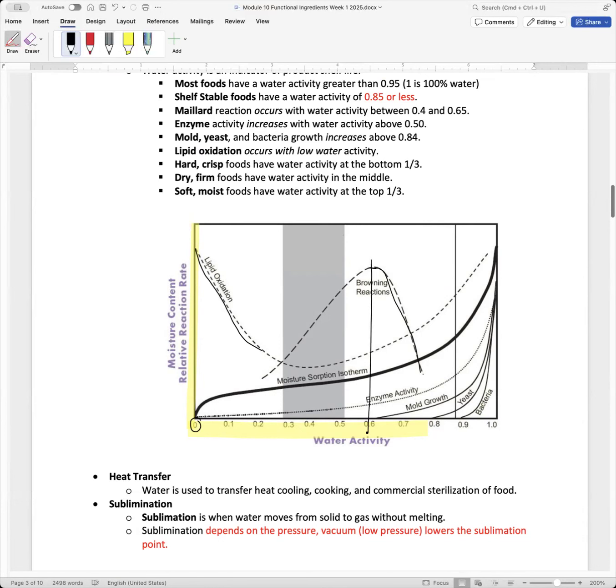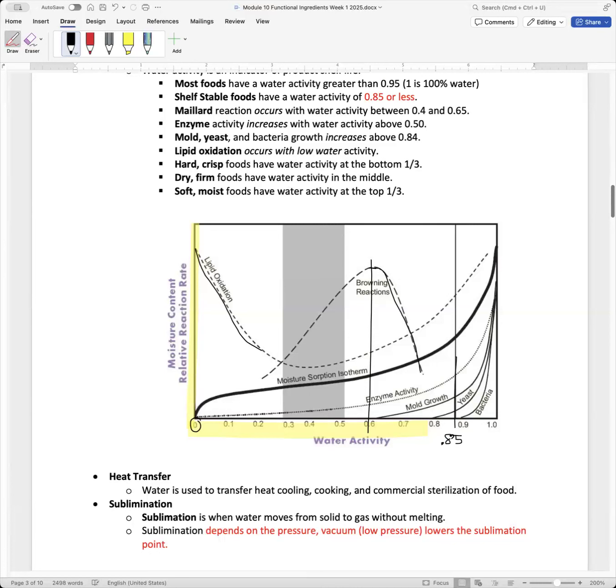But if we think about food safety, the magic number right here is the FDA number, 0.85. 1 is 100% water. 0.85, that's the magic number.